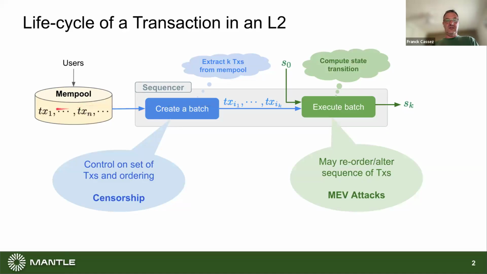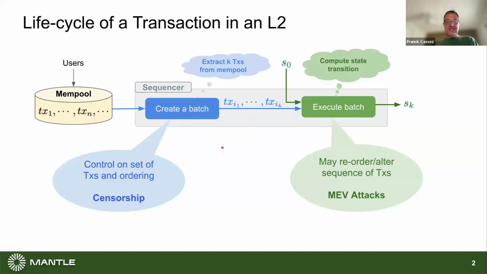So you take a number of transactions from the mempool, let's say K of them, and then you execute them in a batch and you compute the next state of the rollup. I'm not talking about the layer 1 here, but just the behavior of the rollup.